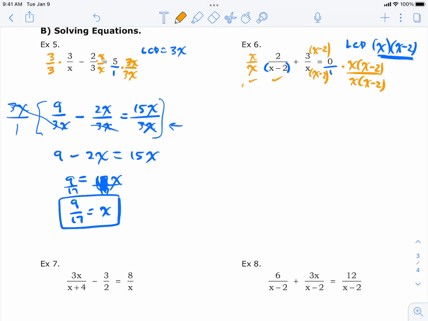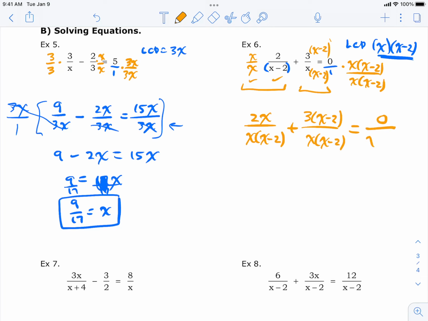So what do we got here? This term is 2x over x times x minus 2. Plus, this term is now 3 times x minus 2 over x minus 2. And this term is still 0 times 0, 0 times anything is 0, so it's still a 0 on top over x minus 2.